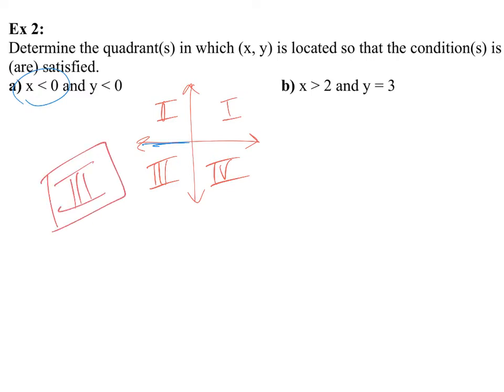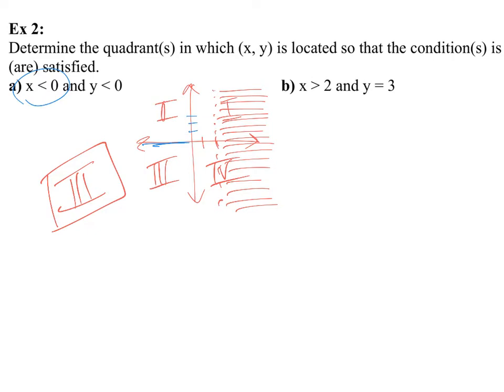for part A. Now for part B, x is greater than 2. So here I'm at 2, and it's greater than 2. So I can make a little dotted line here. And all my x values have to be greater than 2. And then it says y is equal to 3. All right, y is equal to 3.